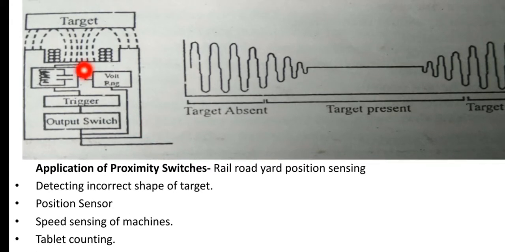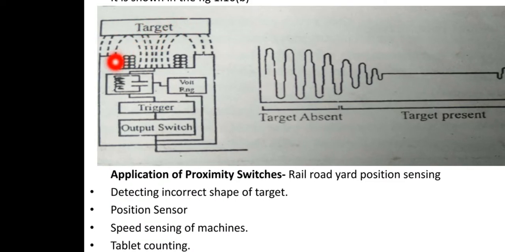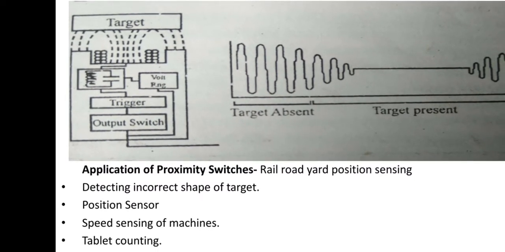You see here, this is the object, that means target. Okay, now see here, this is the voltage ring, this is the trigger, this is the output switch. Okay, now you see here, when we move this sensor towards the object, at that time what will happen, the electromagnetic lines break.